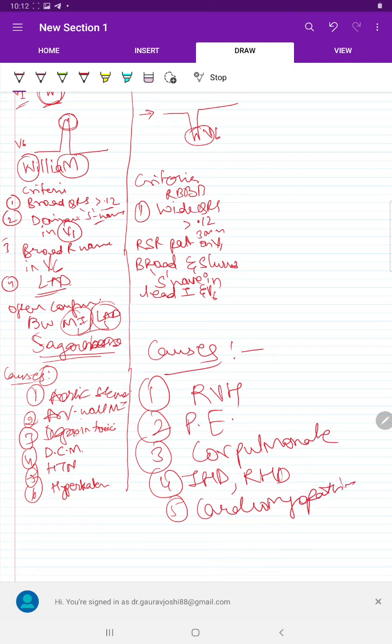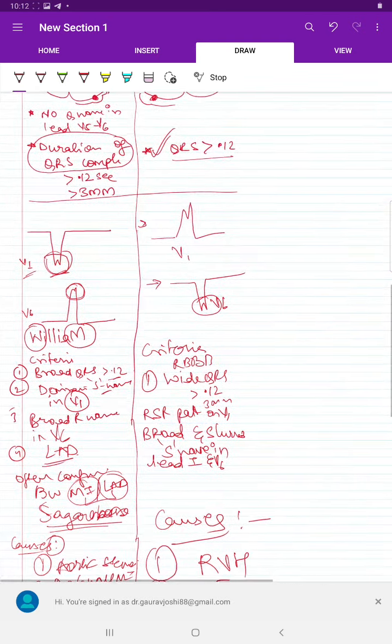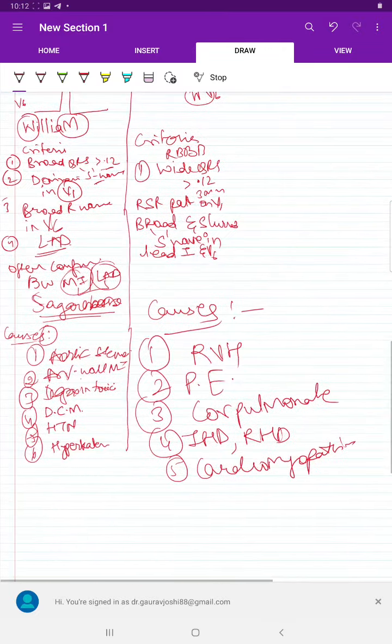I hope you can appreciate the difference between these two.